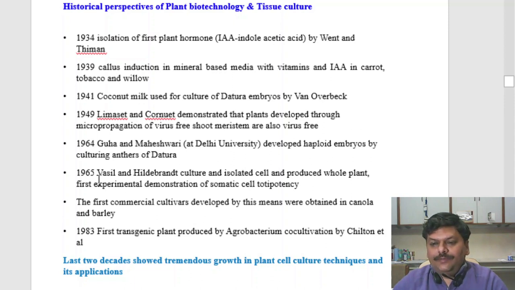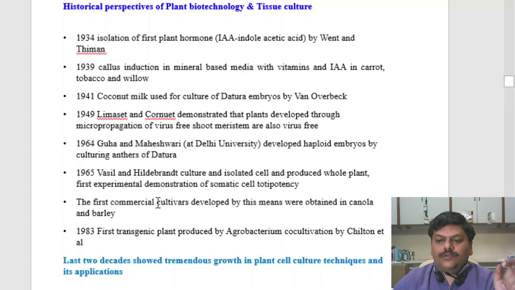Then a development which basically changed everything happened in 1965 when Indra K. Vasil and Hildebrandt cultured and grew one single isolated cell into a whole plant, and that was the experimental proof of the concept of plant cell totipotency.